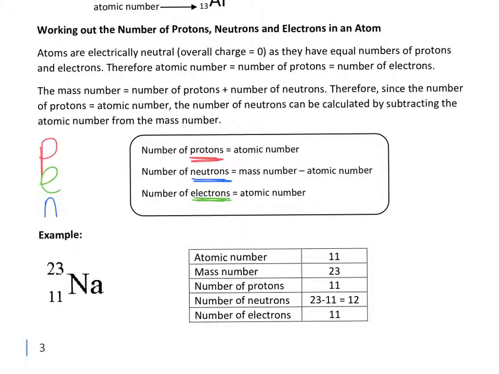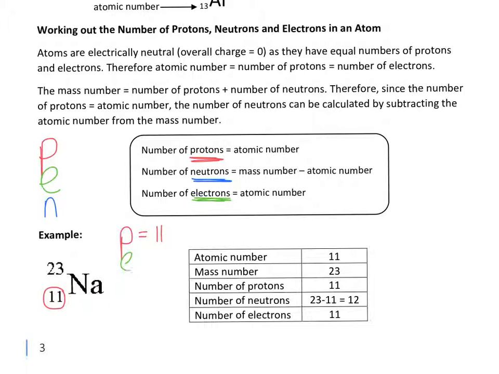Okay, so let's have a look at one last example here, and that's the example of sodium. And sodium has the symbol of Na. To work out our number of protons, we need to look at our atomic number. Atomic number is 11, so the number of protons is 11.